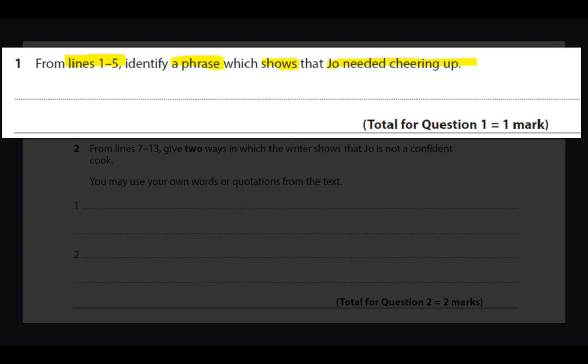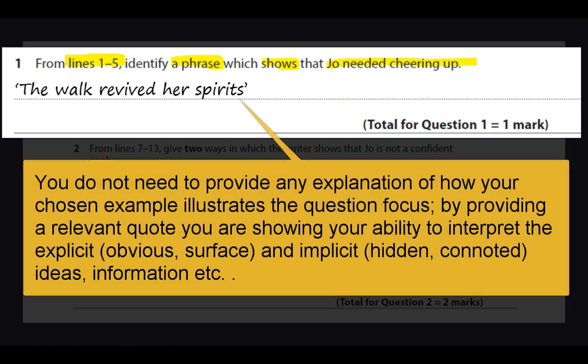So from lines 1 to 5, the phrases that showed that Joe needed cheering up were: the walk revived her spirits. The reason this is correct is because the idea of being revived shows that her spirits were down, that her mood was low, and so she needed to be revived.